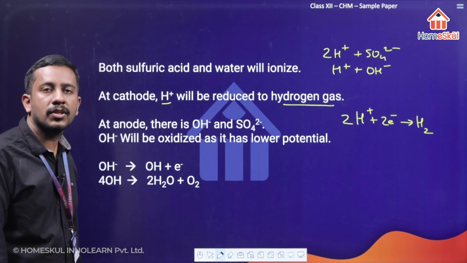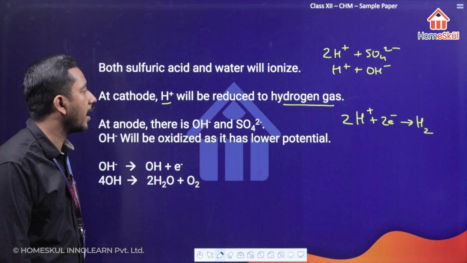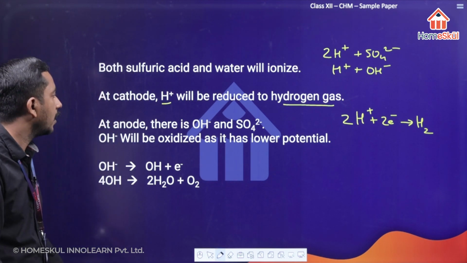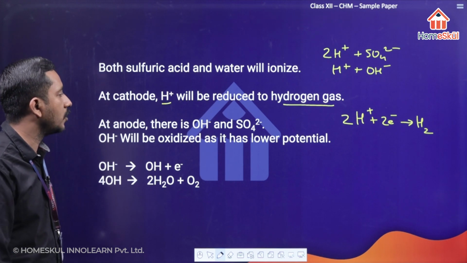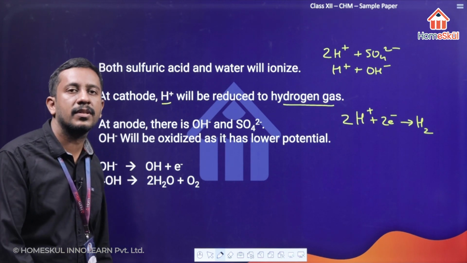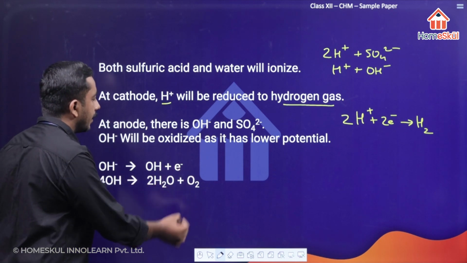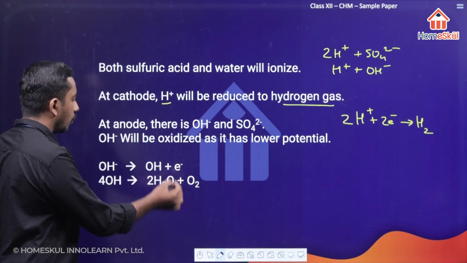Now the anode oxidation reaction has to happen, but there we have 2 anionic species. We have both SO4 2- and OH-. So if you compare between these two, OH- will be easily oxidized because that has a lower potential. So OH- will lose an electron and that will be converted into OH.